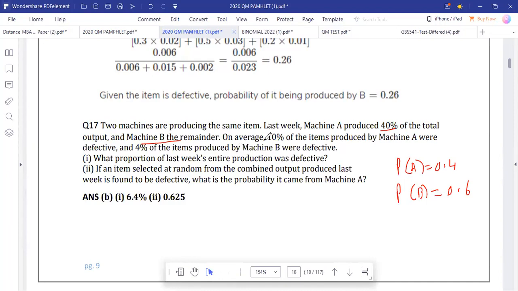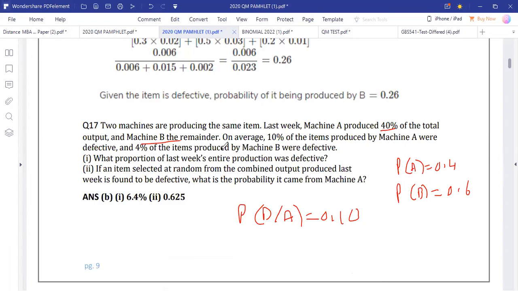Then we are told on average, 10% of the items produced by machine A were defective. So we said defective coming from A was what? 10%, which is 0.10. Then also 4% of the items produced by machine B were defective. So defective coming from B was 0.04.